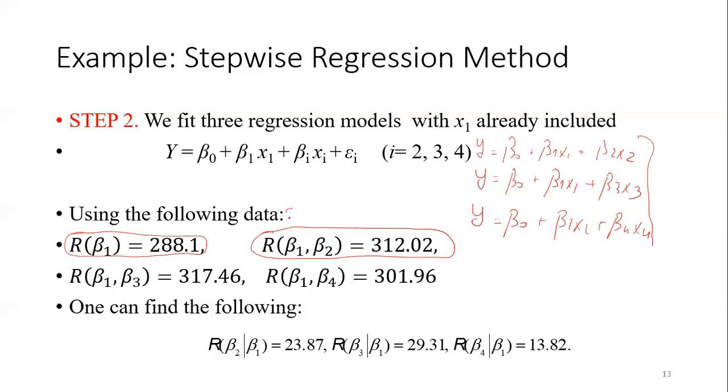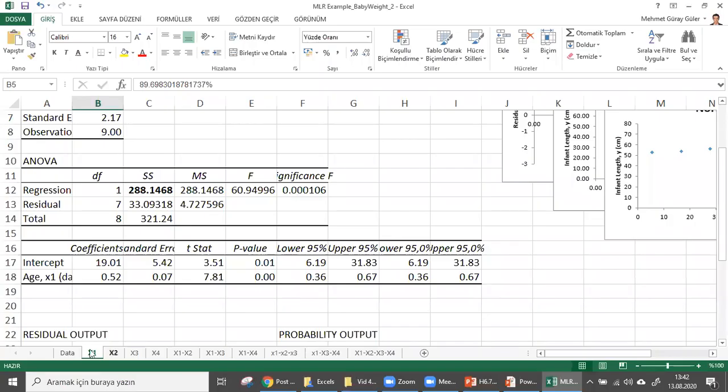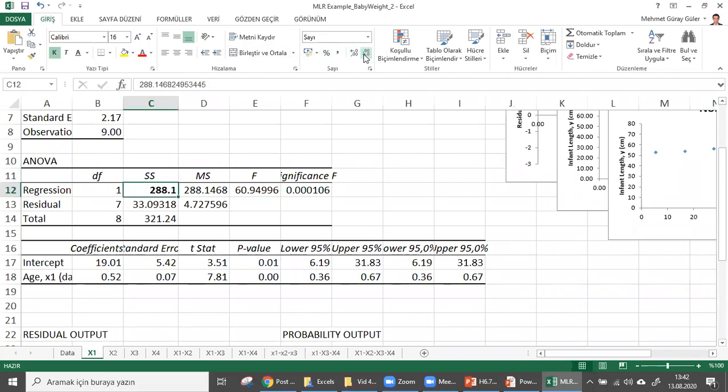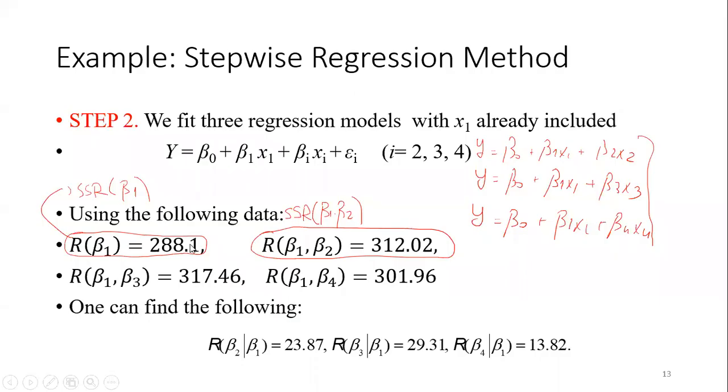This is in fact the SSR, the regression sum of squares, when you have beta 1 and beta 2 in the model. And what is this? This is the representation of SSR when you only have beta 1 in the model. Just go back, it was 288. Okay, 288.1. So this is SSR beta 1, right?